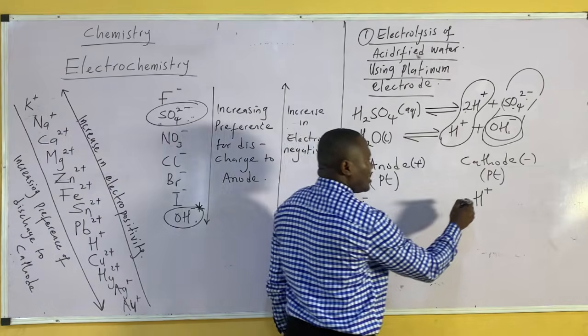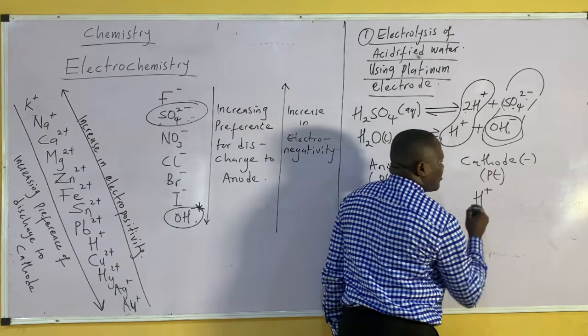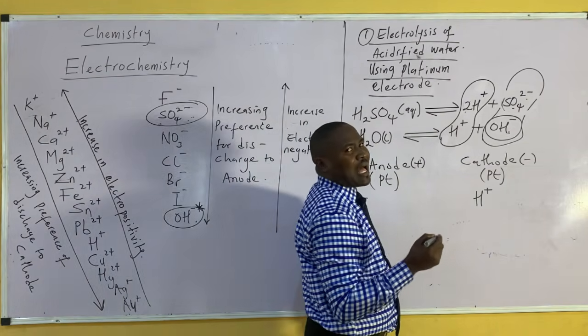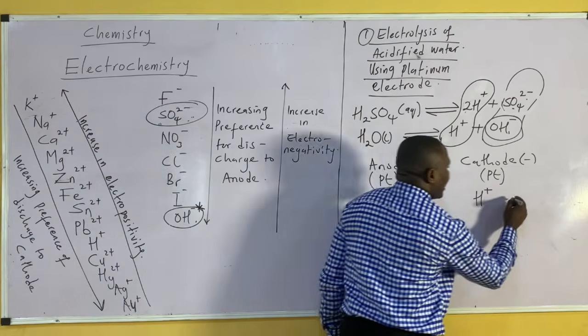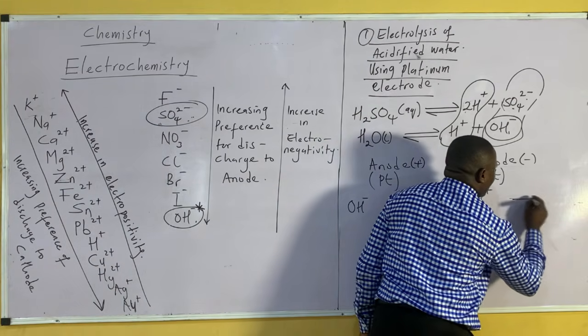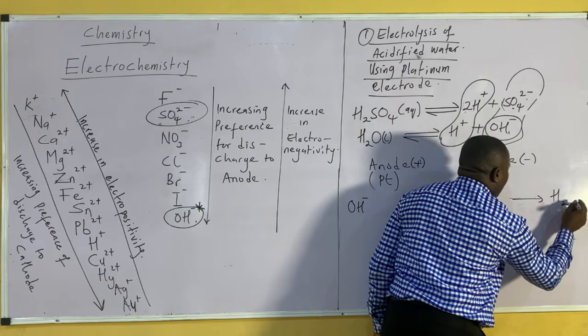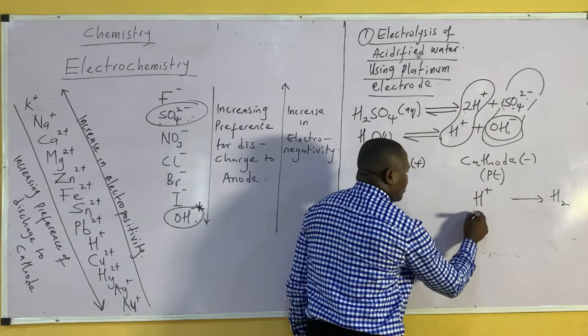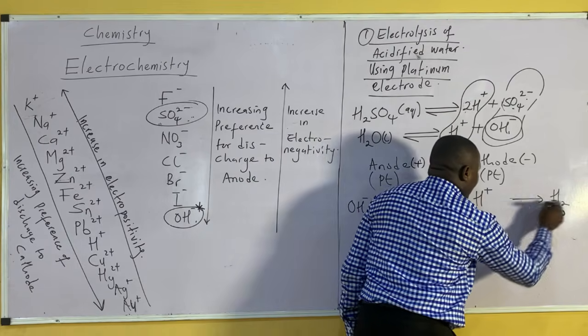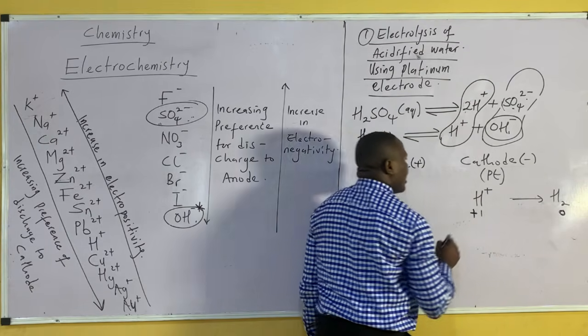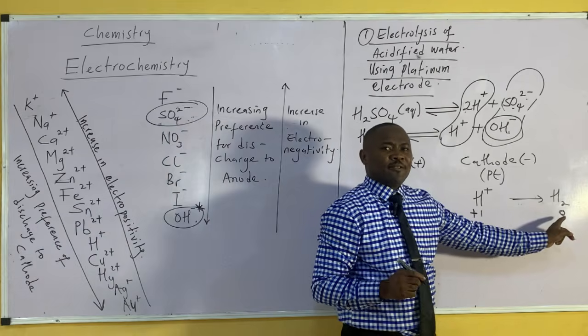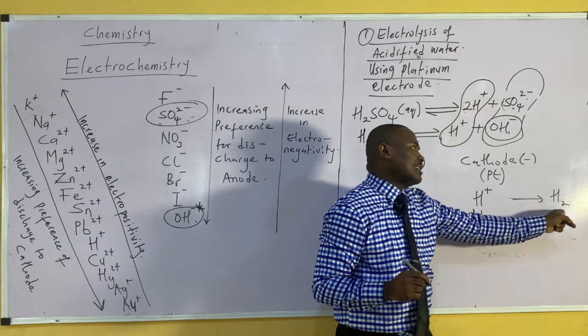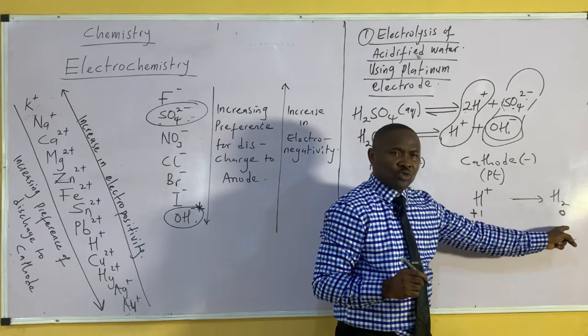So I'll be having H+. Now remember we said always add electrons, because this will go off to become hydrogen gas. So the question is, this is +1, this is 0. Remember the oxidation number of an atom in a free state or in the state of a molecule is equal to 0.